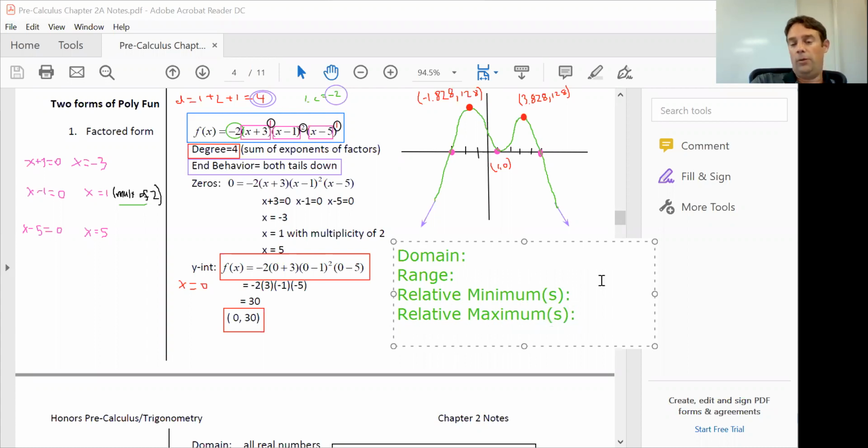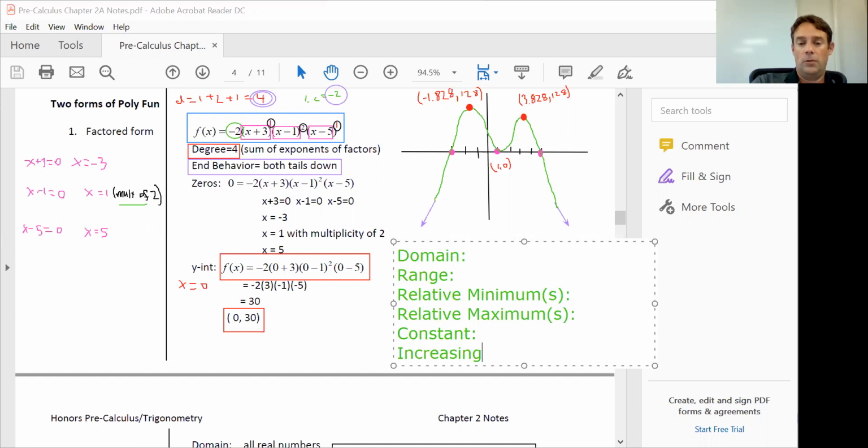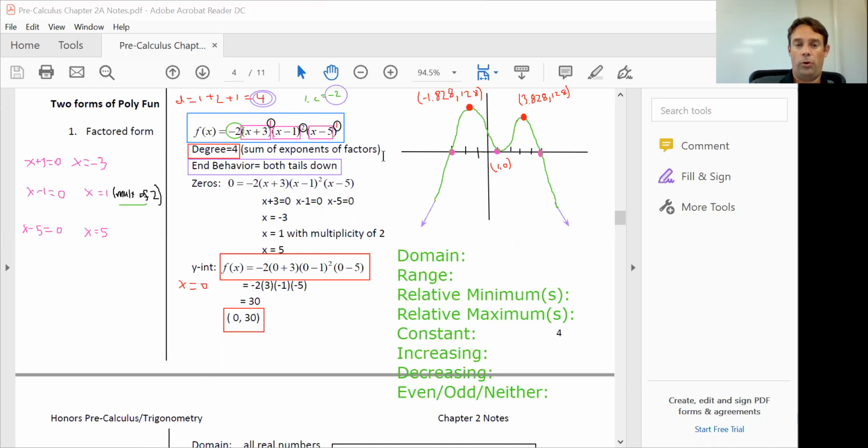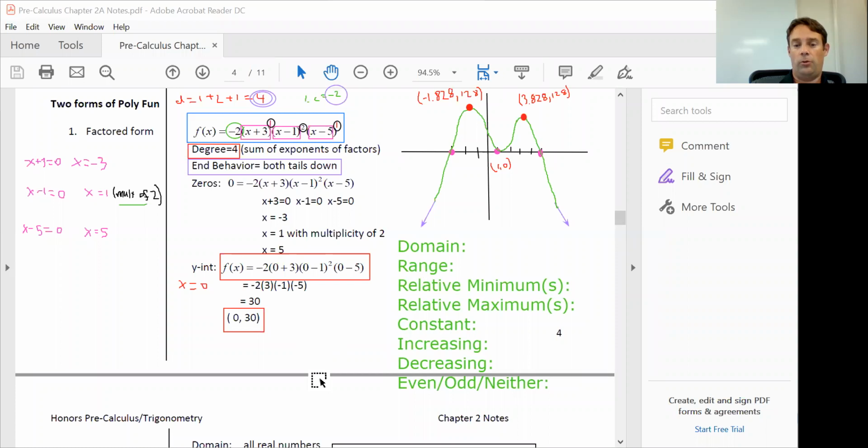Why don't you go ahead and tell me when is the graph constant? When is it increasing? And when is it decreasing? And why don't you tell me even, odd, or neither? What kind of function is it? Why don't you guys go ahead and do that real quickly here? All right, go ahead and pause the video and see if you guys can do that real quick.